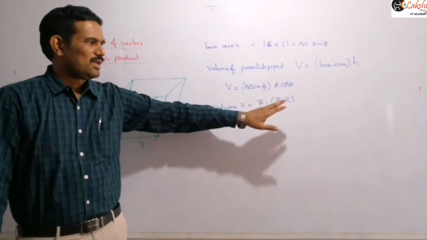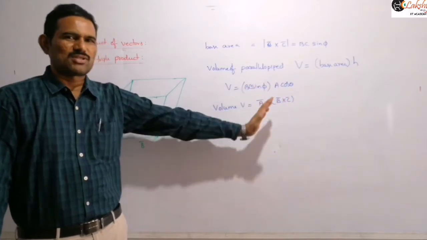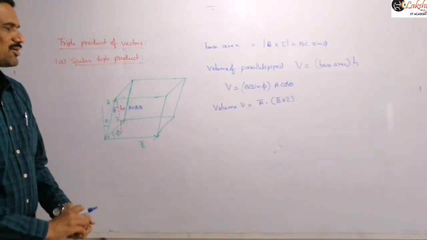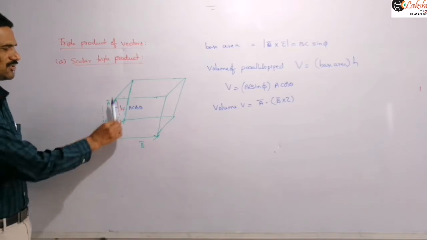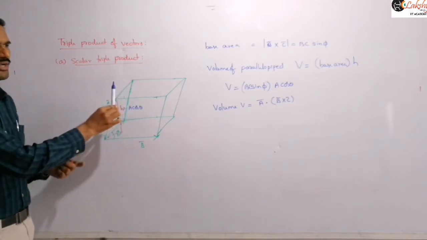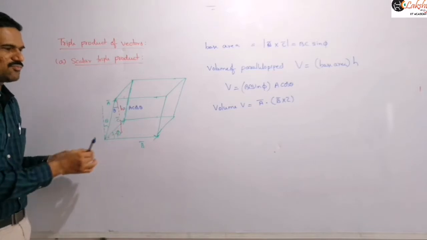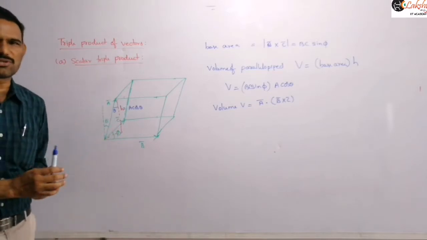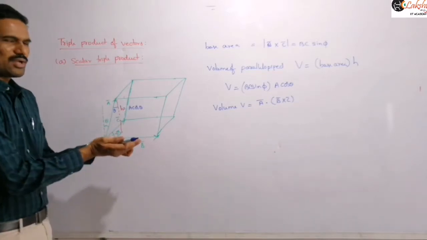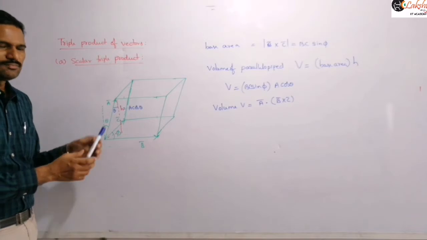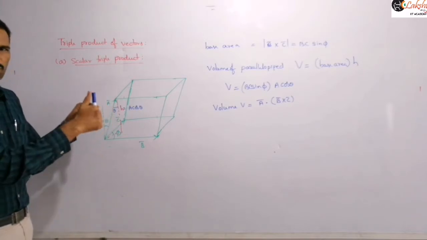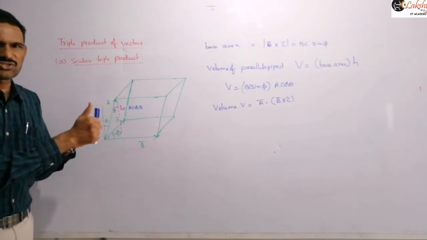And actually it gives a vector which is perpendicular to the plane containing B bar and C bar. That means in this direction you will get a vector like this. Suppose B and C are lying in a horizontal plane, for example, then the vector B bar cross C bar will be in the vertical direction.